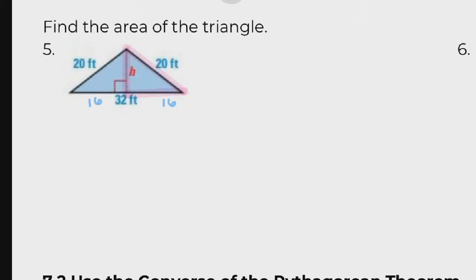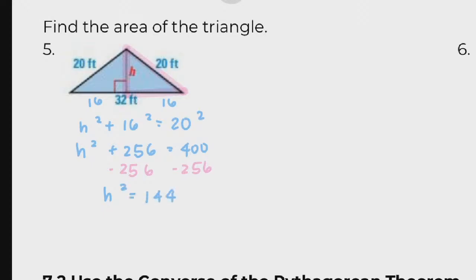To find h, we could use the Pythagorean theorem. That would be h squared plus 16 squared equals 20 squared. So that's 256 plus h squared equals 400. Subtract 256 on both sides, and we get h squared equals 144. So when we square root both sides, we'll get h equals 12.